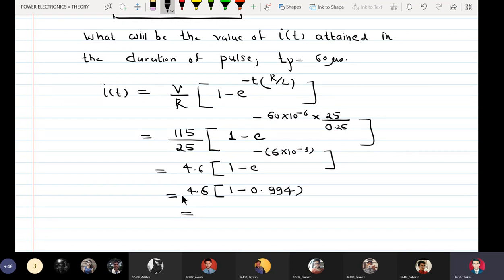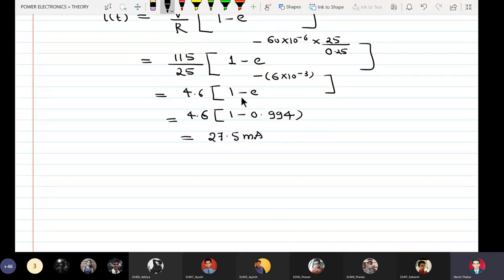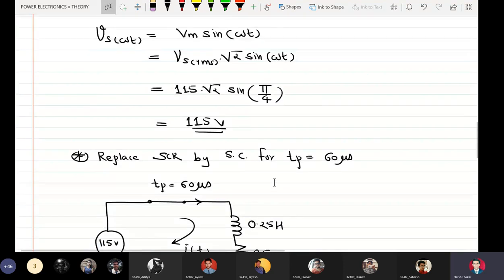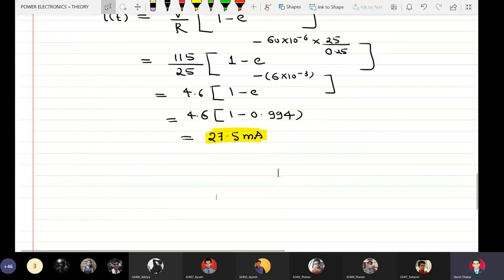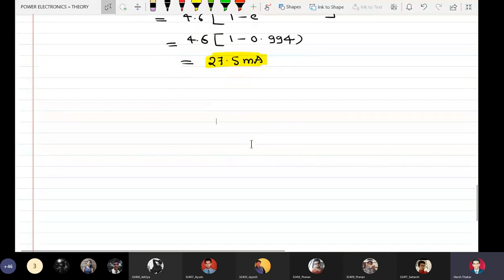It comes up to 27.5 milliamperes. Okay, so in 60 microseconds duration, the inductor will allow the circuit current to reach a value of 27.5 milliamperes.